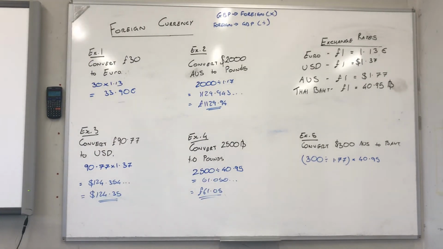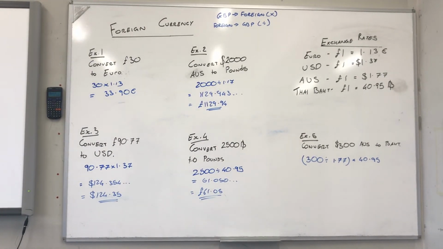So they're set up. First thing we need to do is 300 divided by 1.77, and then I need to multiply that by 40.95. I can put that all into my calculator with brackets and do it all at once, and it'll be really accurate.